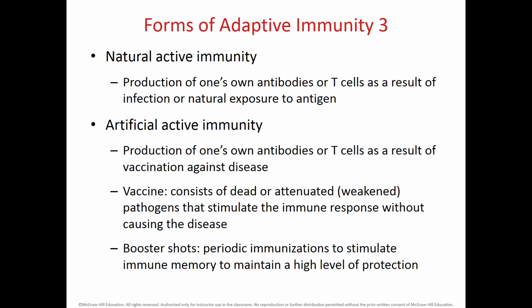Now, adaptive immunity can be further subdivided according to how you develop it into active and passive, and also into natural or artificial. So, active immunity will be when you produce your own antibodies, or well, when the antibodies are produced actually.